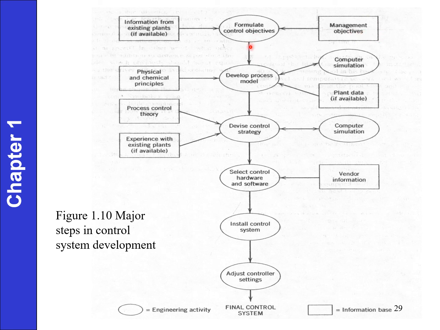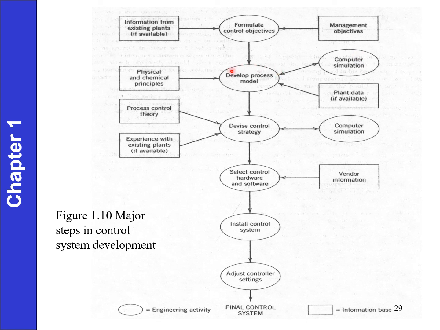The next step after we formulate our control objective is that we develop a process model. In order to develop the process model, we get data from physical and chemical principles, and we also get data from plant data if available, or it can be from computer simulation.